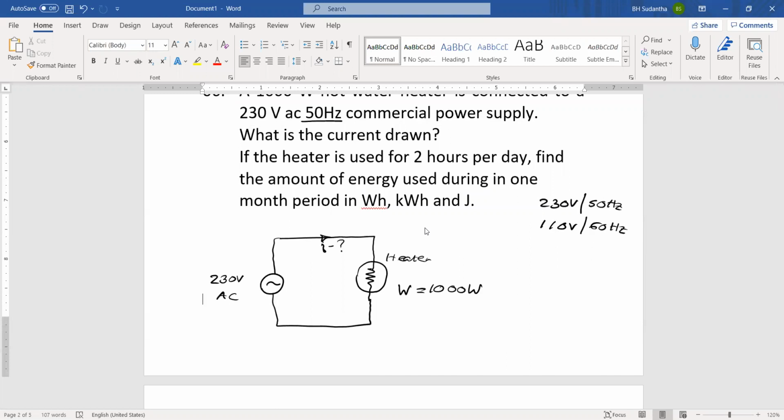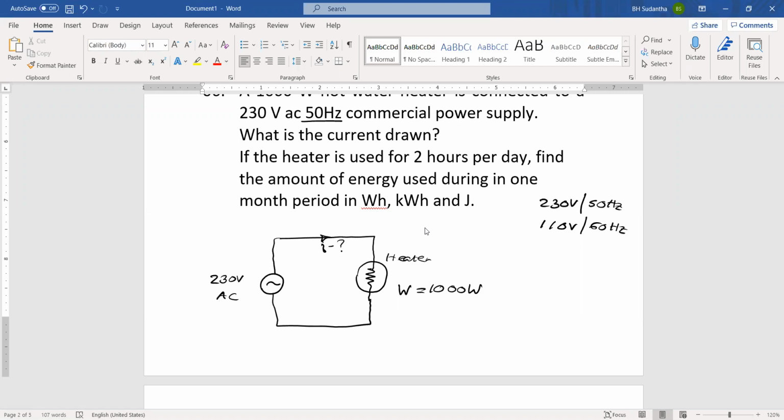Now we know the voltage and current also, but here we are not going to find the resistance of the heater. Instead of that, we have a different figure. Using this one, we can find the current.